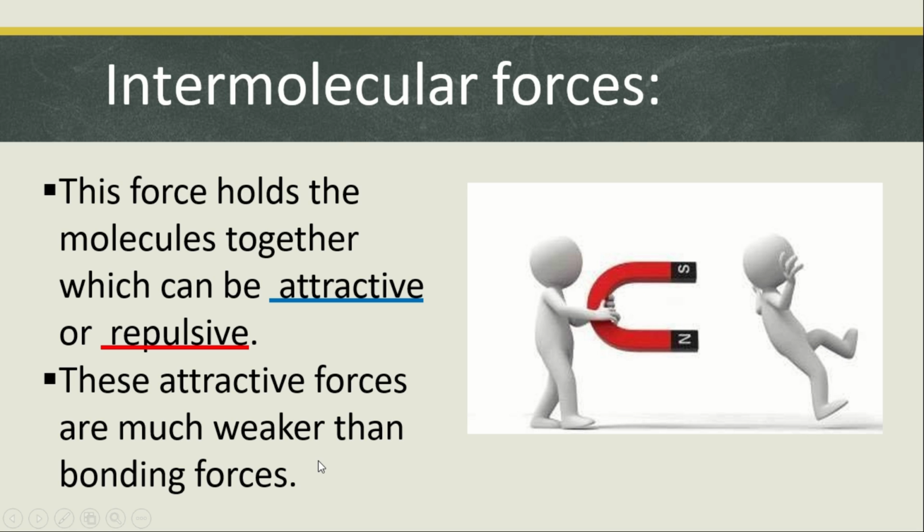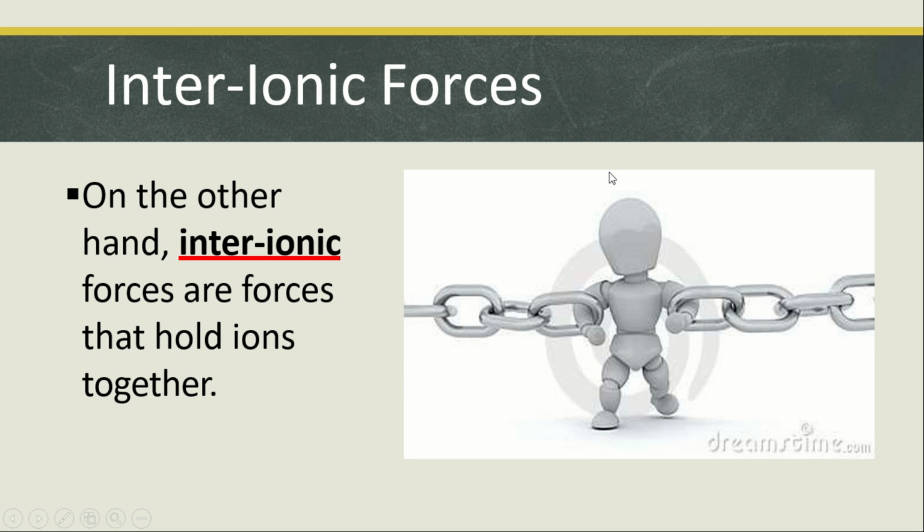If we look at the bonds, bonds are made up of sharing or transferring of electrons. That's why a bond is formed. While the intermolecular forces are due to the force of attraction. So there will be an attractive and repulsive process between two molecules. Let's find out how these intermolecular forces happen.